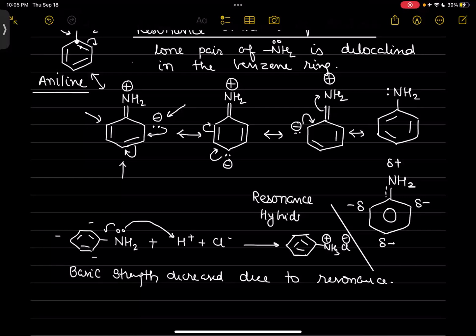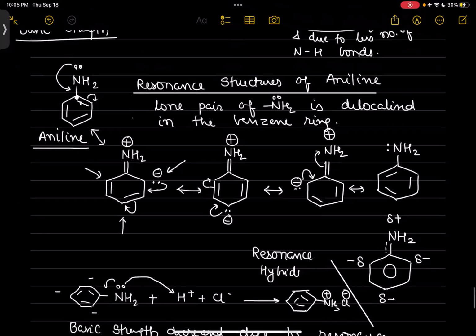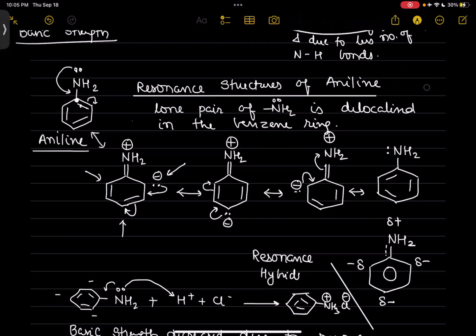Has the basic strength decreased or increased? What will you write? What do you expect: is aniline more basic or less basic than cyclohexylamine, where the lone pair is fixed, not moving, and can be donated more easily to the H plus? Got it? Is it clear or not?